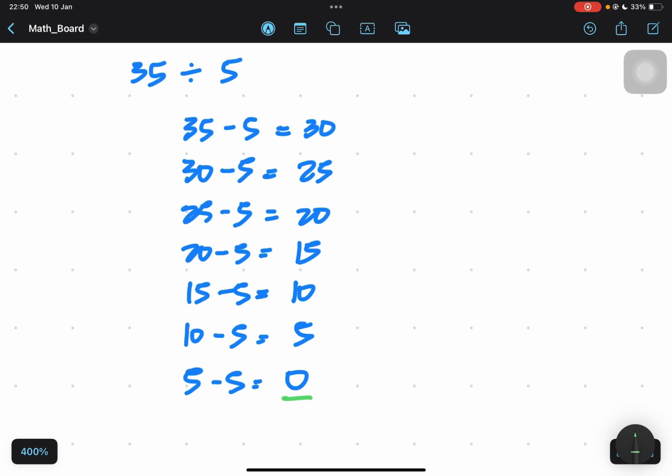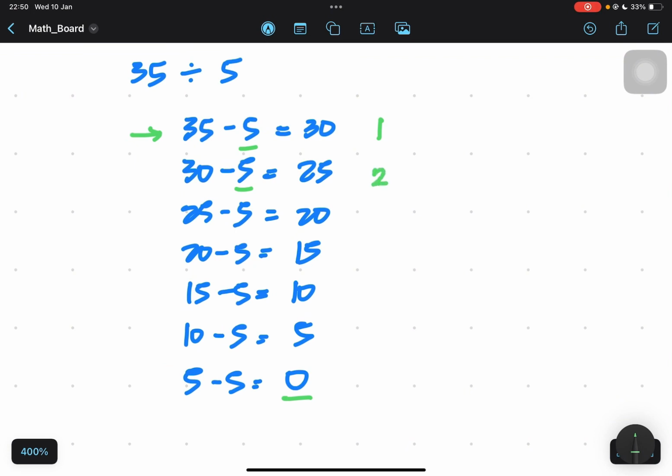Then we proceed to the second rule, which is to count the number of 5s, or how many times 5 was subtracted from 35. So we count from the first mathematical sentence. This 5 is counted as 1.